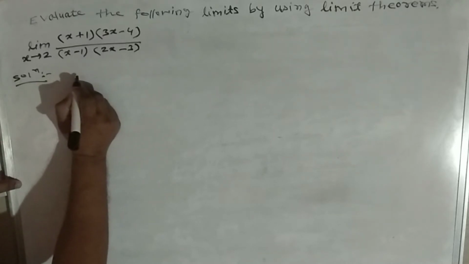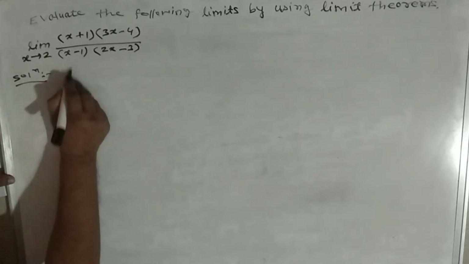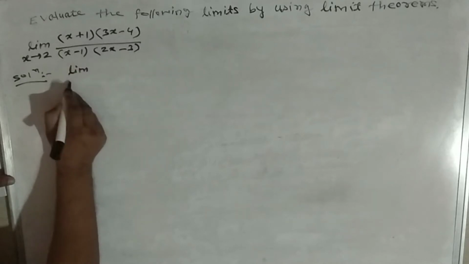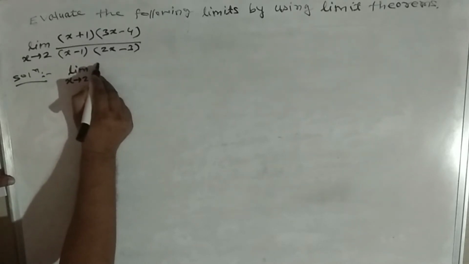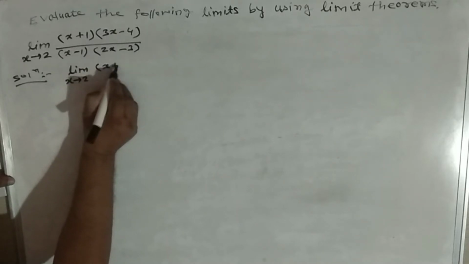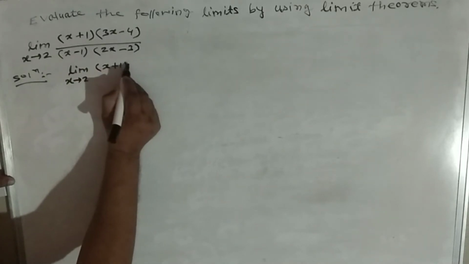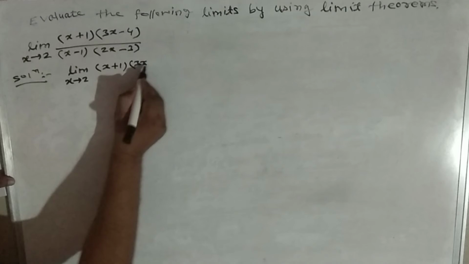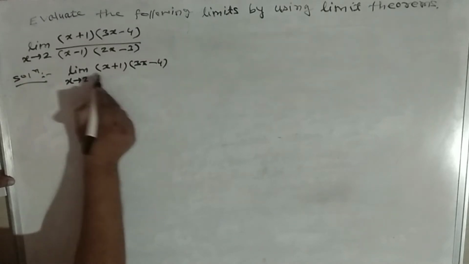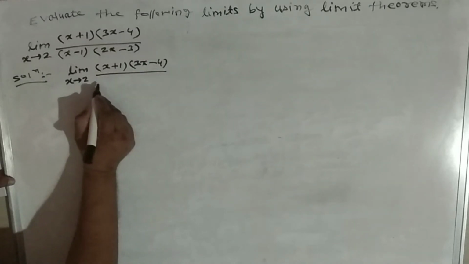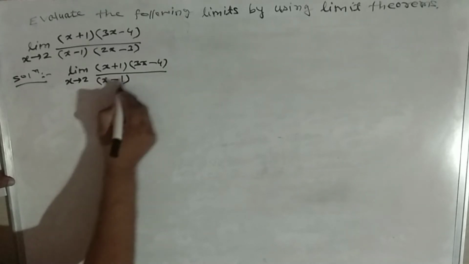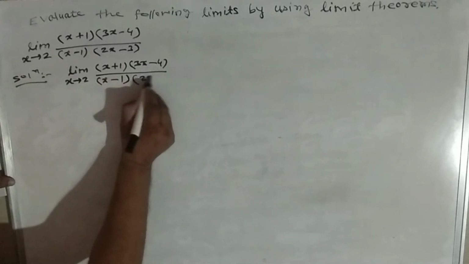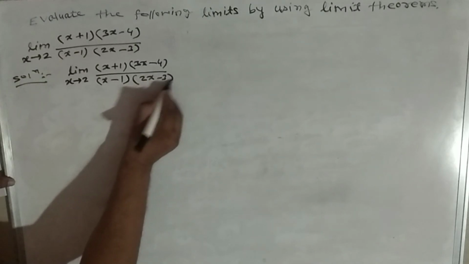We have limit as x tends to 2 of the function (x + 1) into (3x − 4) divided by (x − 1) into (2x − 3).